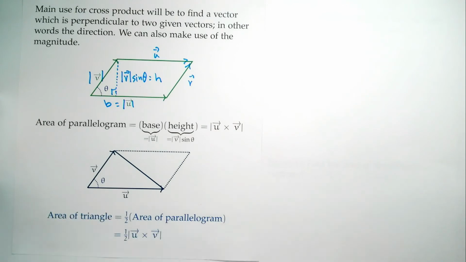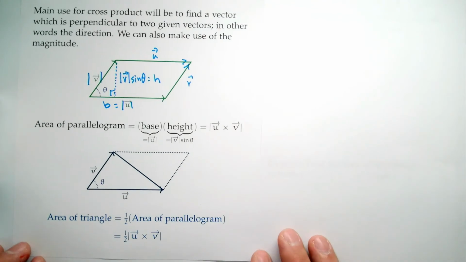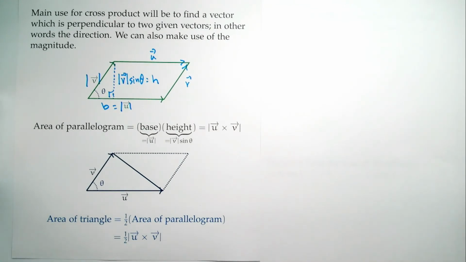The area of the triangle, that's half the area of a parallelogram. And therefore, the area of a triangle is half of the magnitude of u cross v. So that's great. Triangles, that's our bread and butter. They're nice. They have wonderful properties.